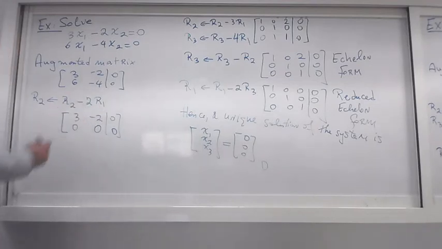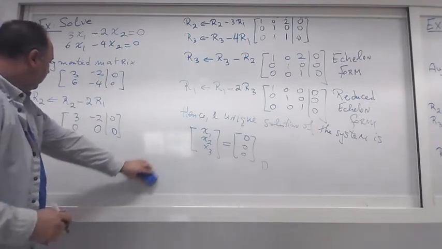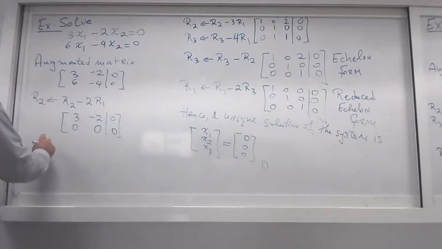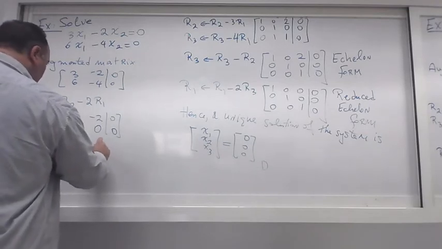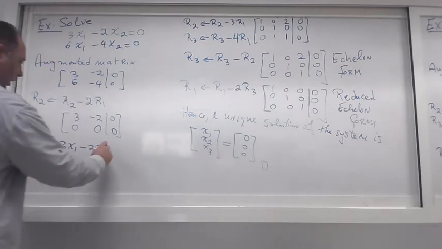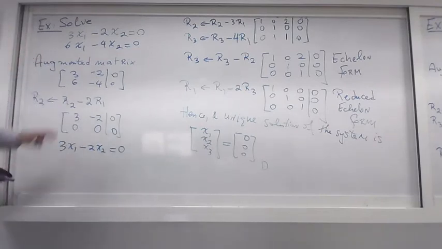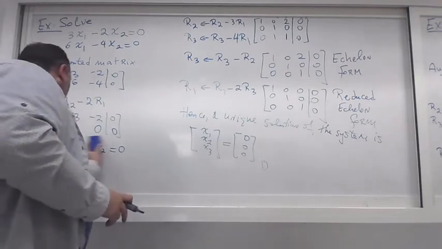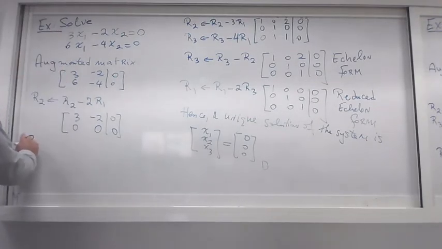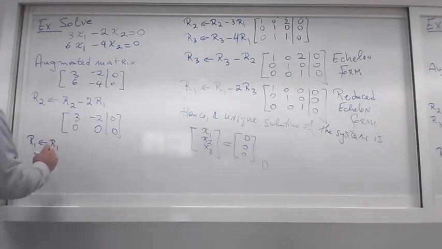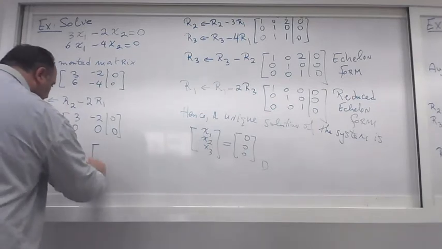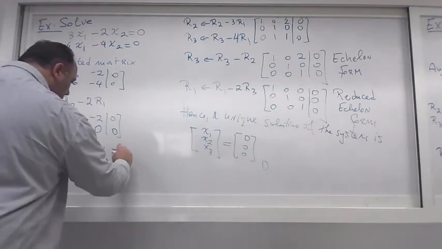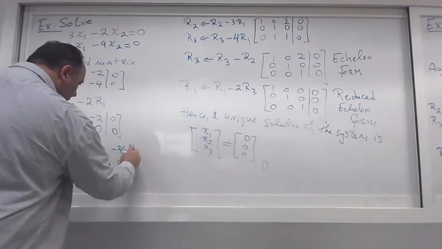Alright, so let's find what all the solutions are. So from here I have 3x1 minus 2x2 equals 0. Well, this is just echelon form. I could reduce echelon form if you wish. It's not going to change much, but let's do it. Row 1, so 1 over 3 times row 1, so we get negative 2 over 3, 0, 0.